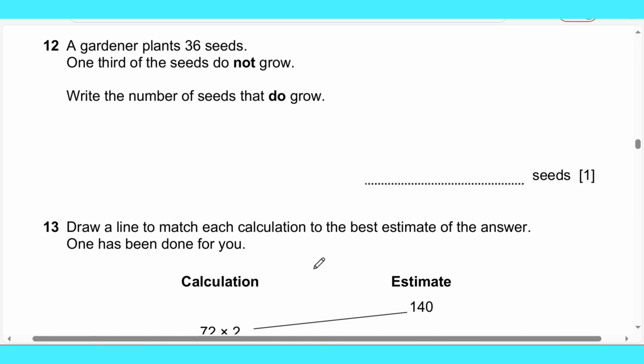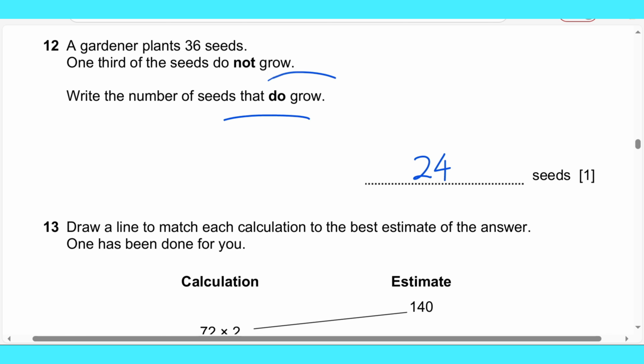So number 12 now. A gardener plants 36 seeds. 1/3 of the seeds do not grow. Write the number of seeds that do not grow. So the number of seeds that do not grow, 1/3 of 36 is 24. How do you do that?